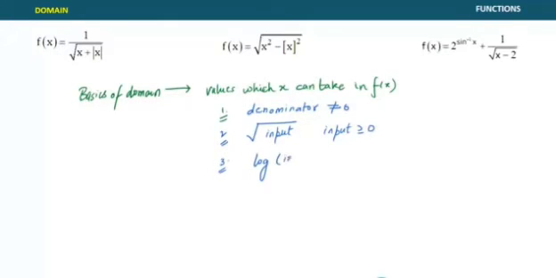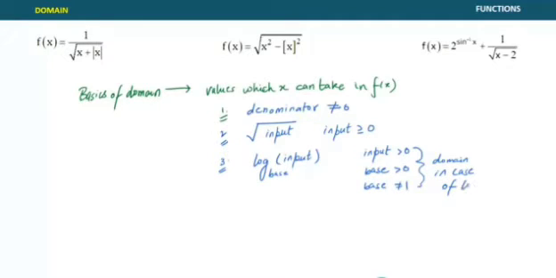If something is written inside a log, then this input has to be greater than 0. And if the base is also given, then the property for log is that the base has to be greater than 0 and the base should not be equal to 1. So these are the three conditions that you will check for domain of log. Otherwise there is no problem. If you just remember these three basic rules of domain, we are done with it. Clear? Now let's apply them in the questions and see how we work around.